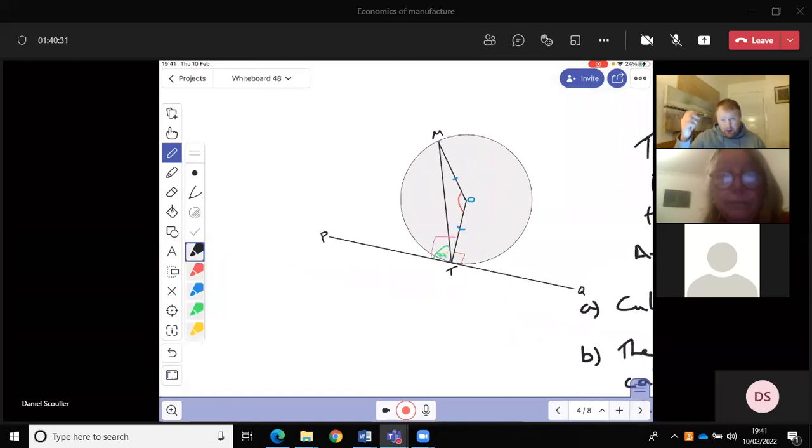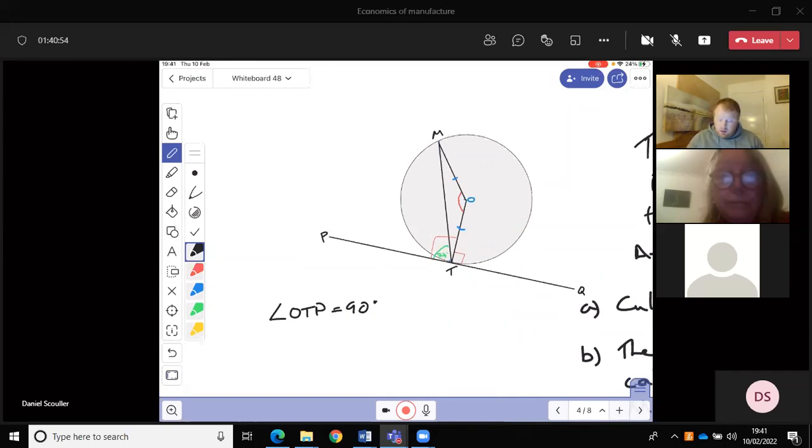We've brought a line from O to T, which is a radius, and it touches the same place as the tangent, which is P to Q. That creates 90 degrees. So if I say angle OTP is equal to 90 degrees, is everyone comfortable with me saying that?